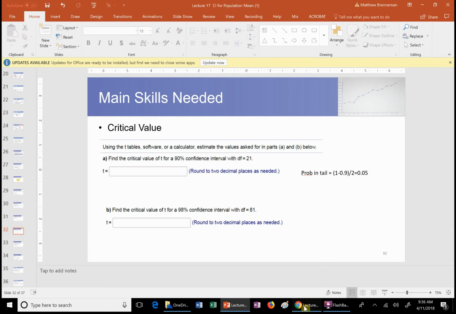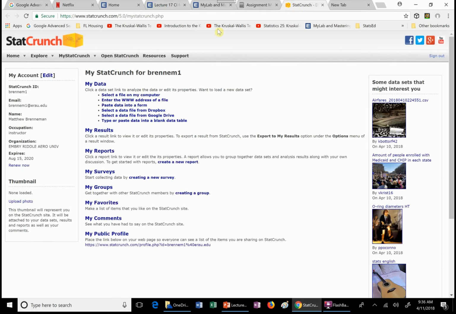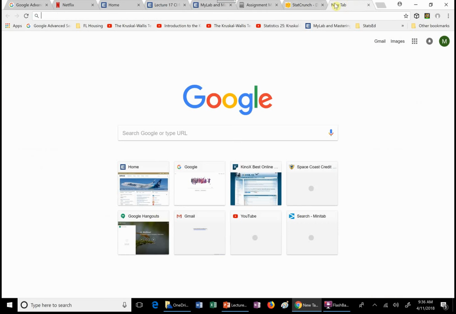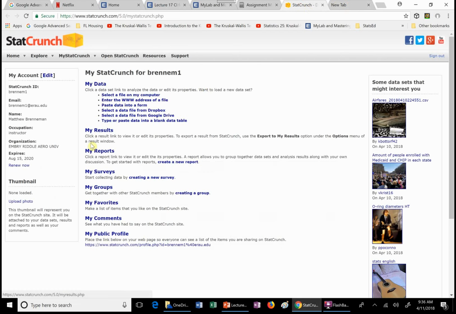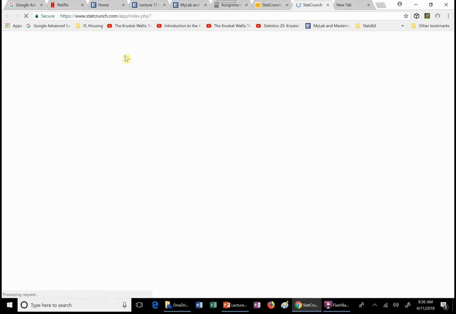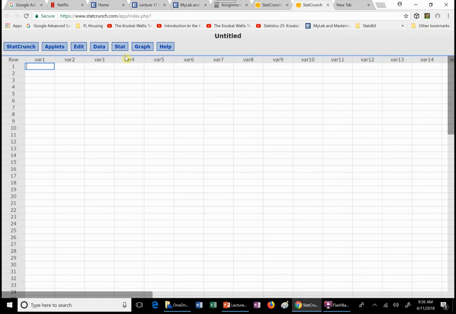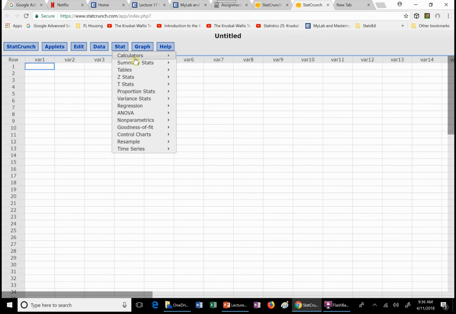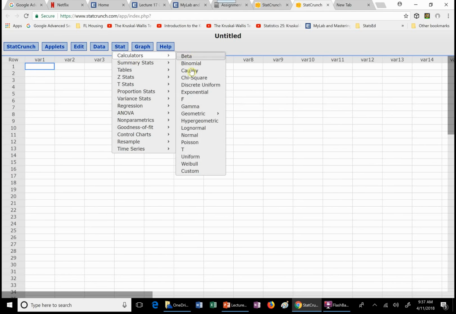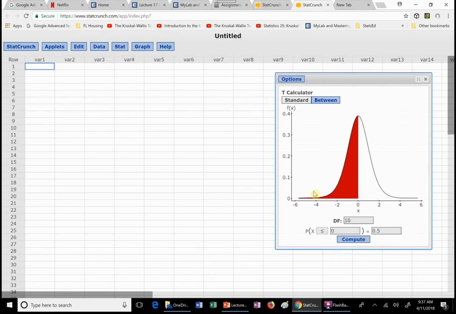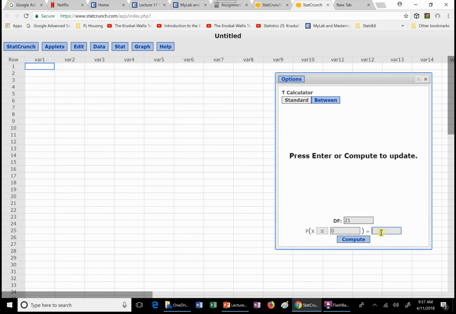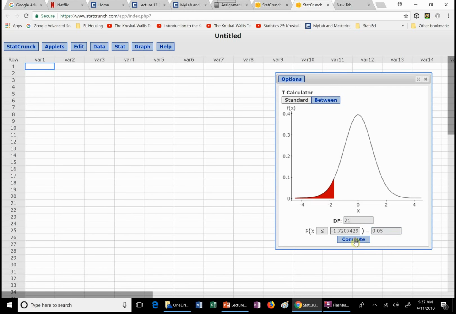And how would that work in StatCrunch? Well, we go to Stat, Calculator, like we've done before, except now instead of going to normal, we go to T. Our degrees of freedom are 21, and the probability in the left tail is 0.05. And so this will be our critical value.